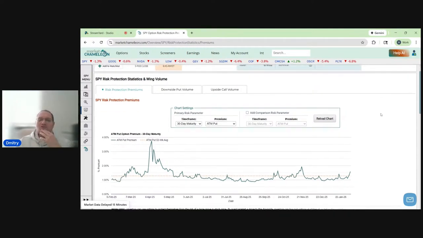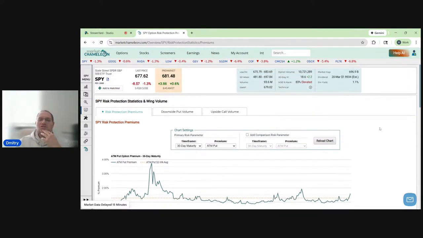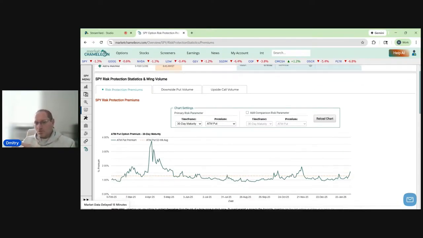What we first discussed, in just a recap, is that besides plotting implied volatility that's derived from option prices and charting the historical implied volatility, we could use that same idea and benchmark option premium.